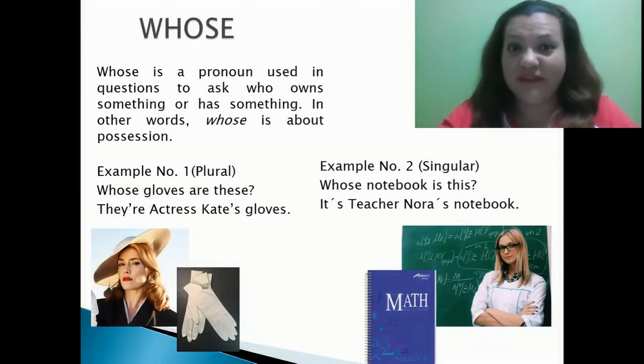I hope you have seen the difference between using whose in plural and using whose in singular. Now, let's look very carefully at the difference between each one.